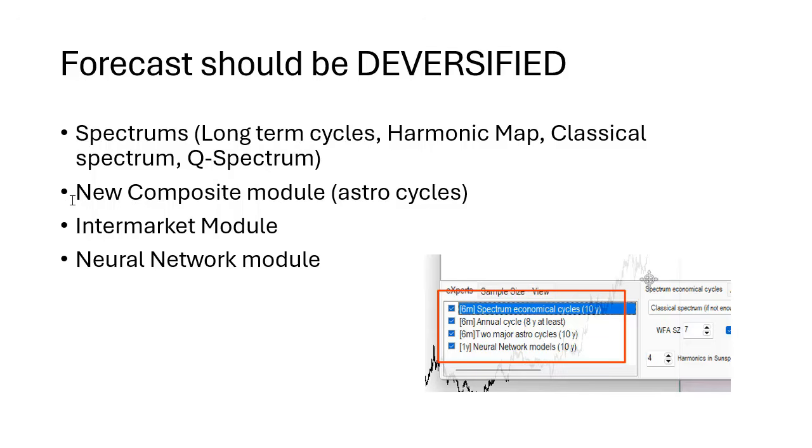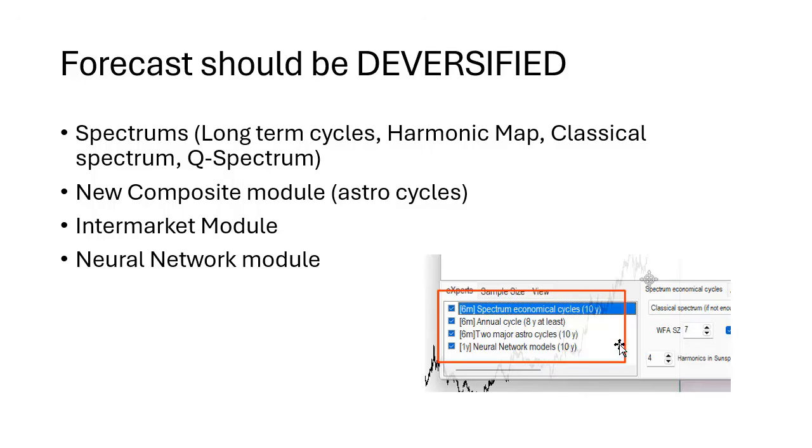Also, we apply a new composite model to work with the astronomical model and intermarket. This is a very powerful model. Plus, this model is connected with the Timing Solution server. This is a big computer, and it conducts a lot of calculations there, and you will get ready information and a very powerful neural network model.